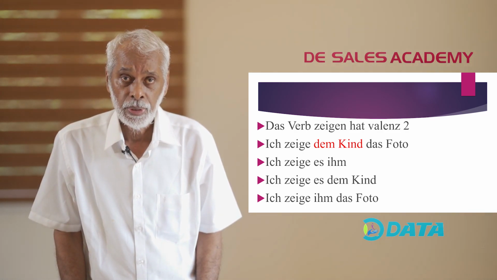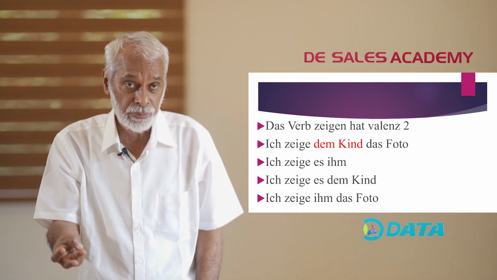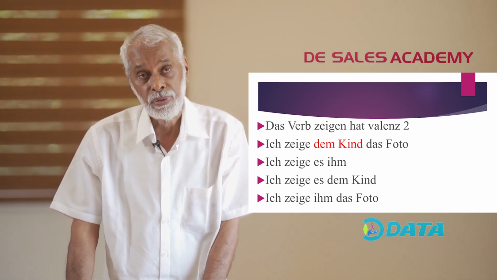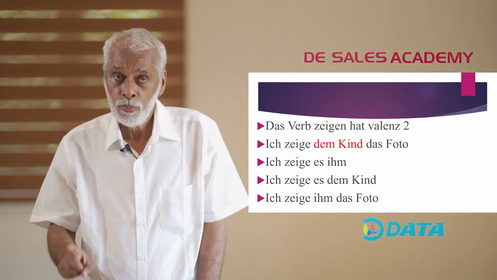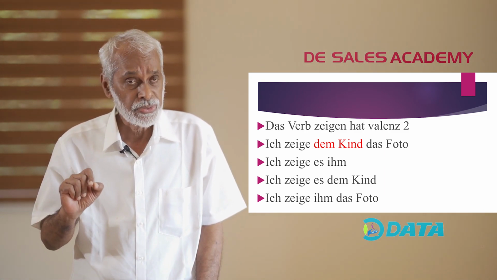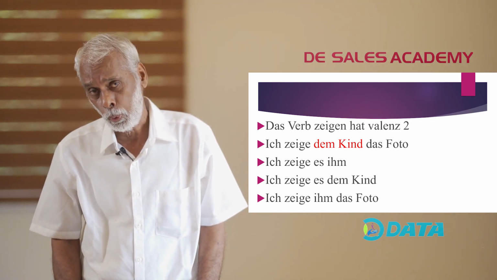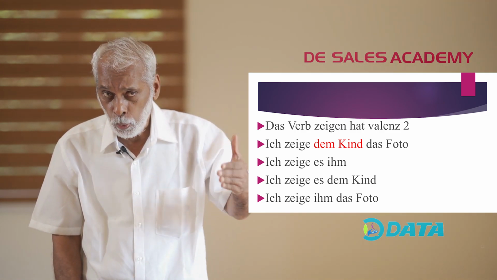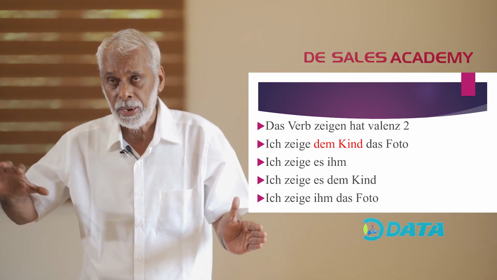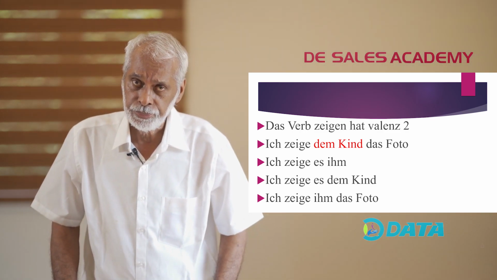Why? There has to be a nominative, there has to be an accusative noun, and there has to be a dative noun. We are coming back to the sentence. Ich zeige dem Kind das Foto. I repeat the rule once again. The dative noun first and then the accusative noun.